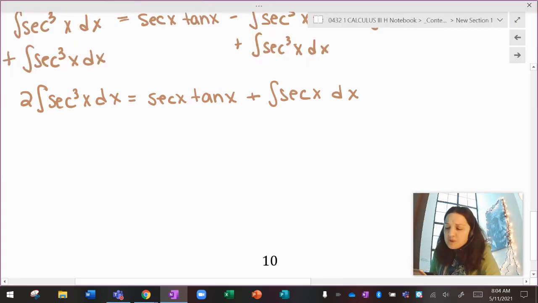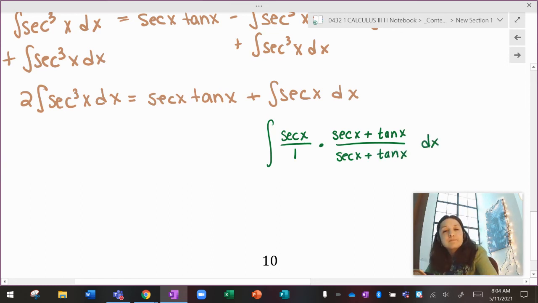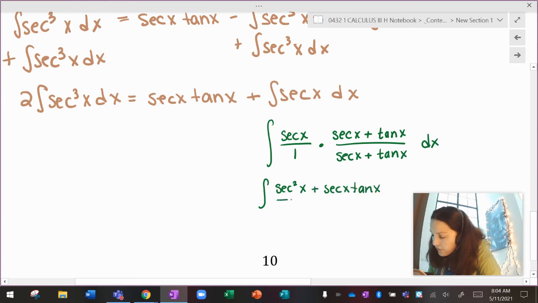I know, just for fun, let's take that secant, put it over 1, and multiply the top and the bottom by secant plus tangent, just because I can. Really just multiplying by 1, right? So then that would become the integral of secant squared x plus secant x tangent x over secant x plus tangent x.